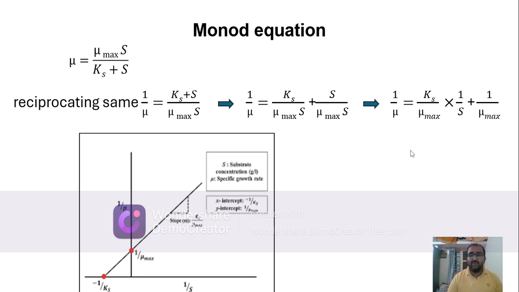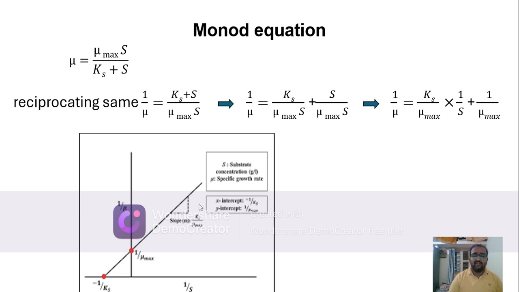This is in the form of a first order equation, y is equal to mx plus c, where m is nothing but the slope. The slope is equal to Ks by mu max, and c, the y-intercept, is 1 by mu max. Once we plot 1 by mu versus 1 by S, we will get a straight line for first order kinetics.